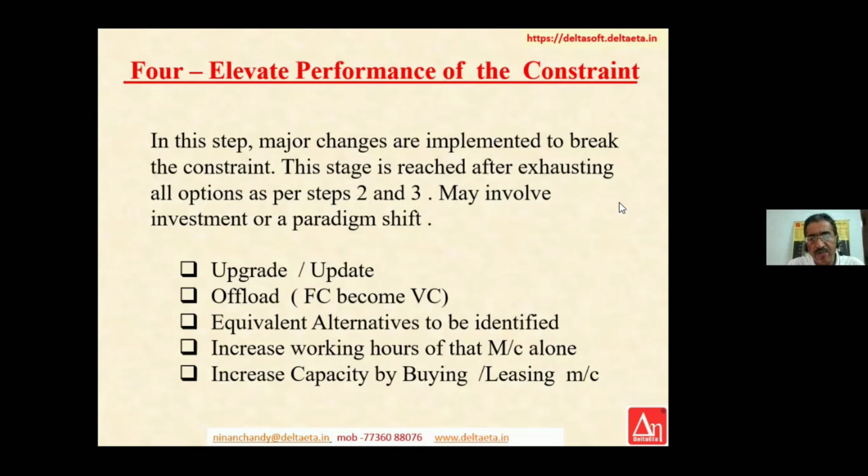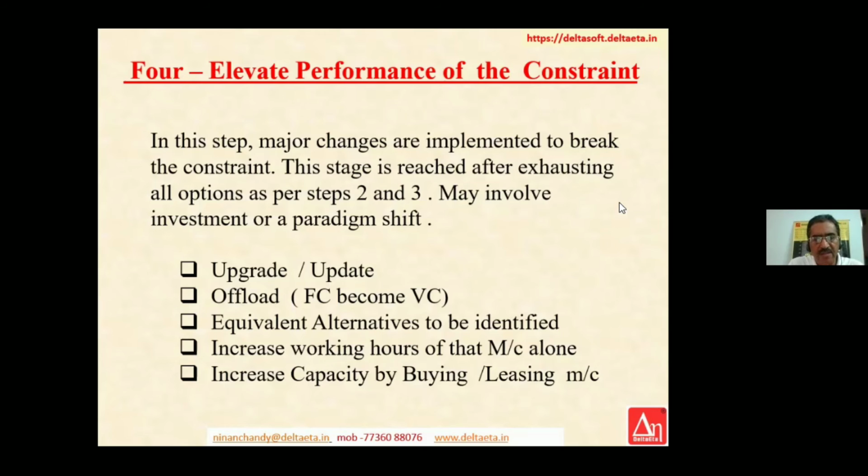Third one is to find equivalent alternatives. For example, you were purchasing, let's say, SS304 material, where there is a shortage of that material. You go into the market and you look whether there's an equivalent to SS304 in terms of specification.